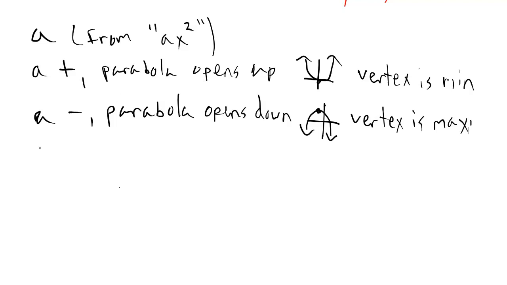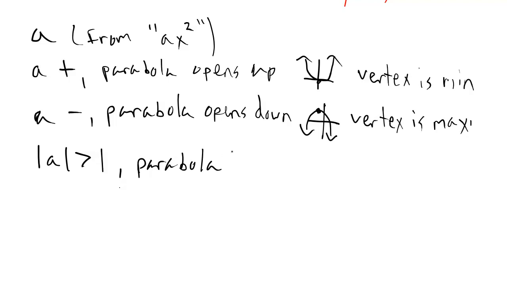Now we also had two other things that the a value could tell us. The first of those was that if the absolute value of a is greater than 1, so if we had a large value, then our parabola was narrow.